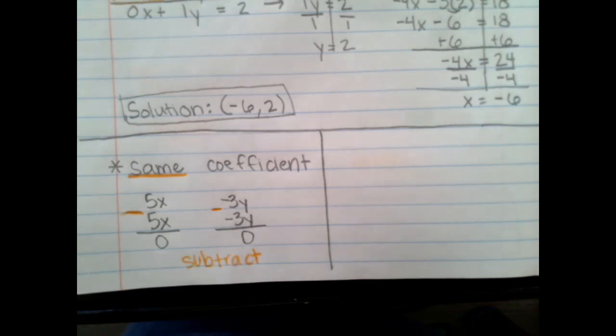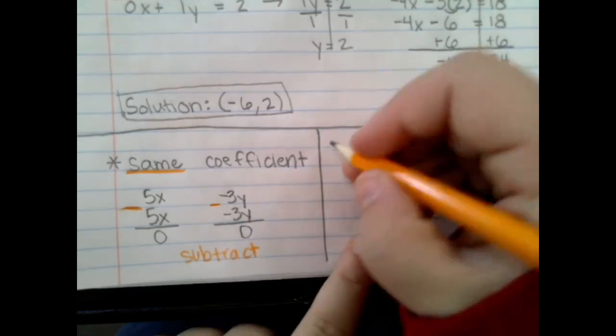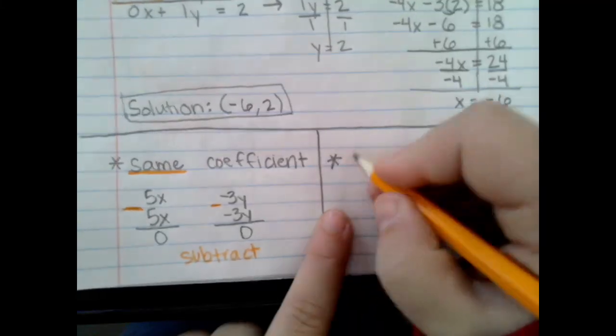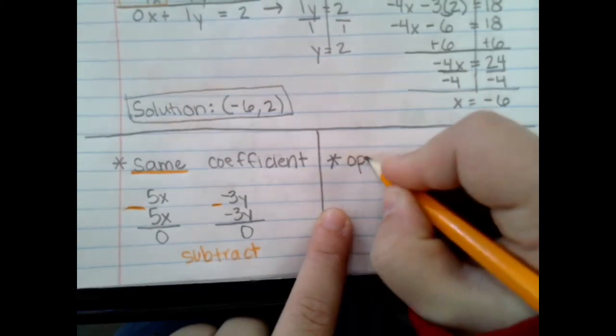All right, when do we add then? When they're not, well, they kind of match still, but they're opposites, a positive and a negative.